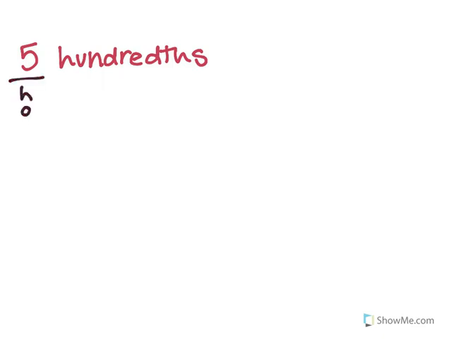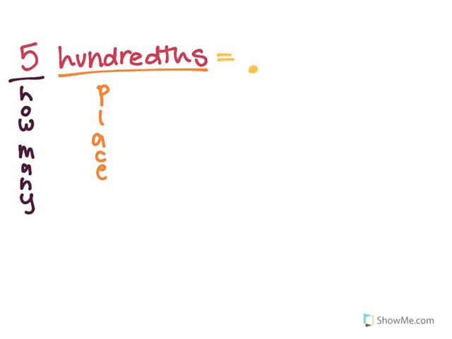Okay, now you try this one again. Try 5 hundredths. Okay, pause the video. You try. When you're ready, turn it back on and correct with me. So remember, this is how many, and this is the place I'm in. So I'm in the hundredths place, so I put my decimal point, tenths, hundredths.